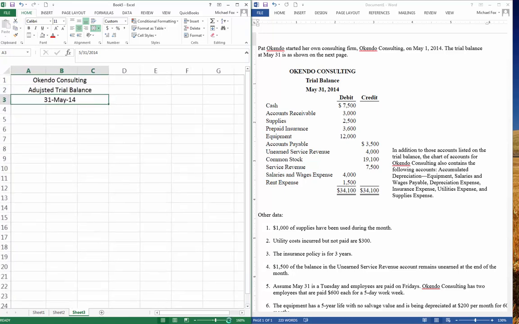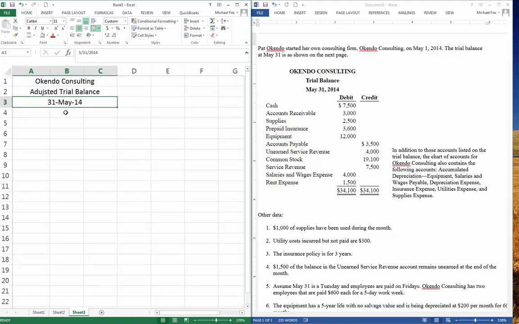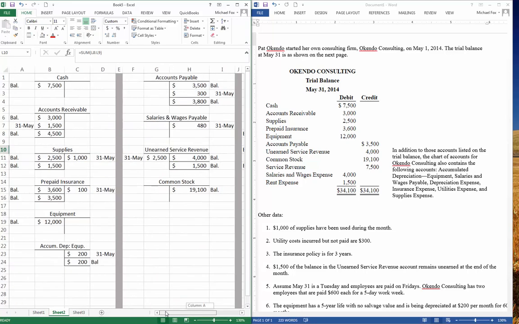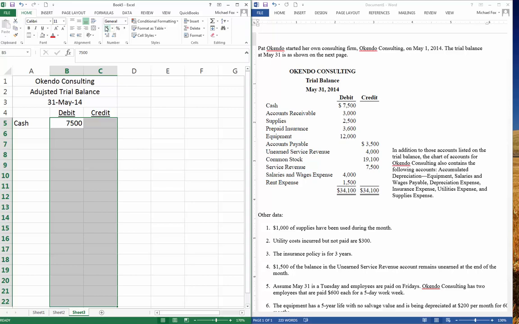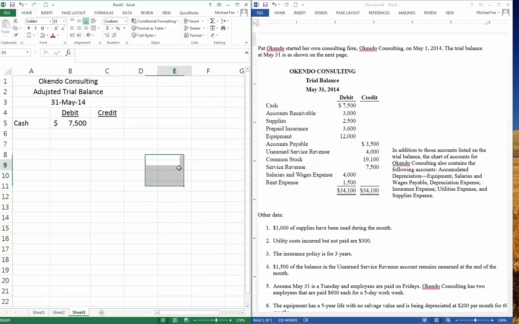Make it bigger so we can see it. And then we just drop our accounts in. So we can look back here and we can say, okay, cash account has a balance of 7,500. Just like that. Tell Excel that this should be dollars, and that we don't need the pennies.